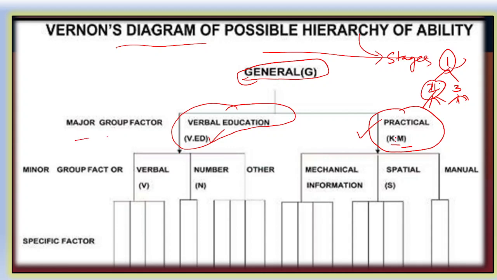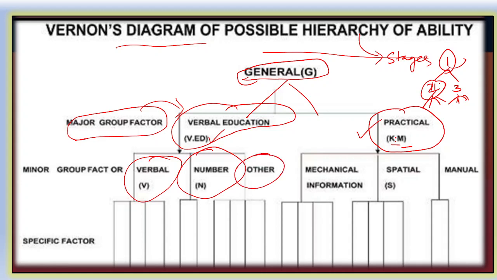Now, the major group factor, that is major bifurcation into two parts. Now, it is having subparts. The verbal education, we are grabbing the intelligence through verbal education, that is through numbers also and through other parts. So, it is also having different subparts. Now, listen. This minor group factor, that means whatever you have understood with the help of verbal education, now in our mind, it grabs actually into small units of information.